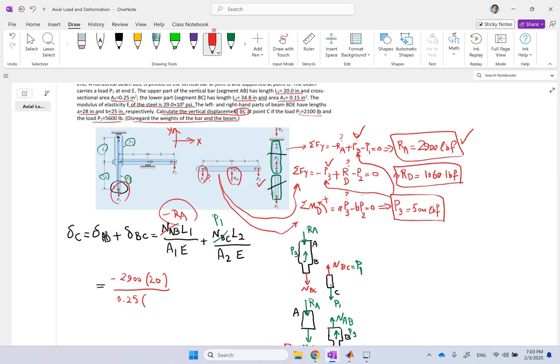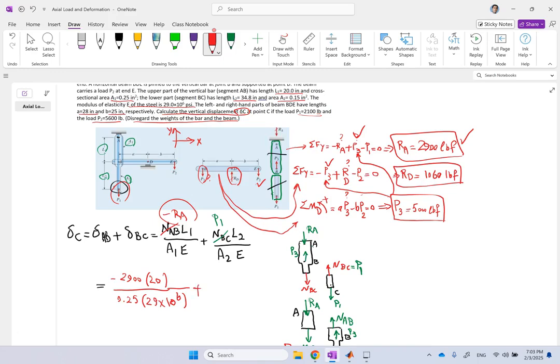And E is 29 e to the 6. And pay attention to your units. This is inch squared. This is pound per inch squared. So this bottom portion is going to be just pound, and pound simplify. You get it in inches.